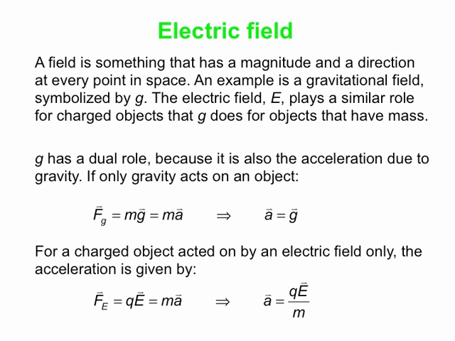So we're really treating QE the same way we treated mg, actually. That's maybe a better way to say it. Okay, so there we have field. But the bottom line is, if you're used to working with little g, then this thing E, you treat in a very similar way.